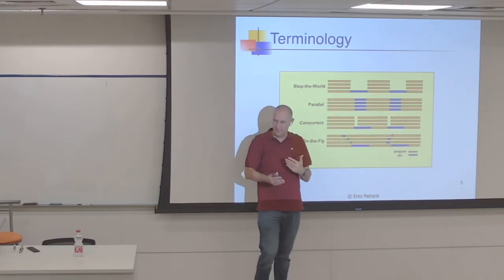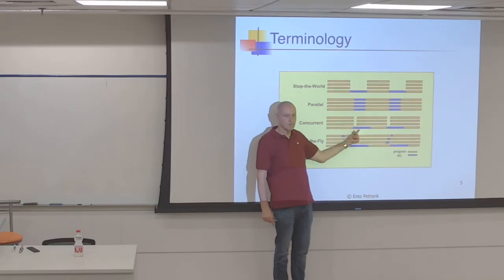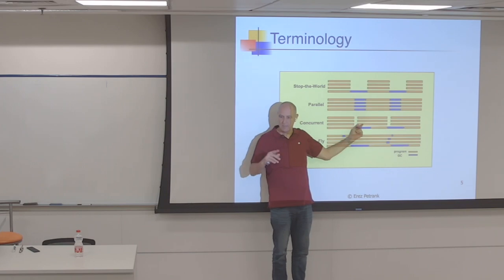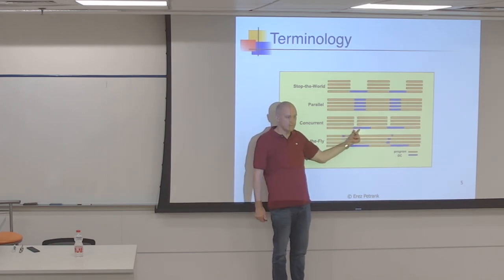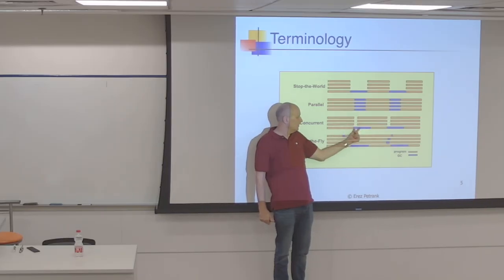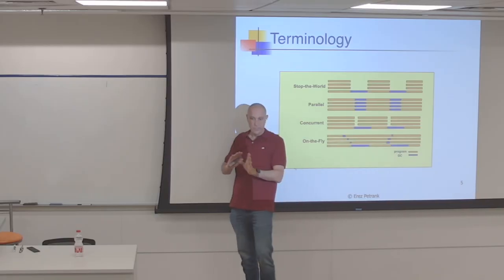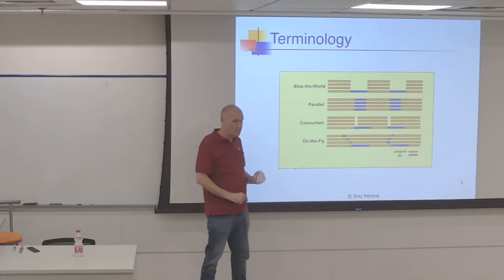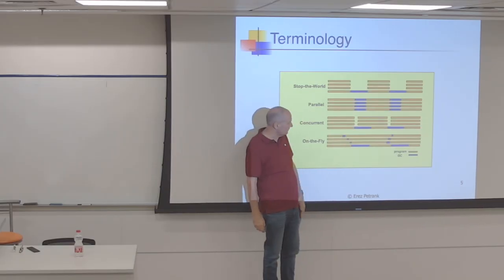You'll see this later, but there will be requirements on when threads can stop. If you want to stop all of them, you have to wait until all of them are in the right place to be stopped, and that will take some time. So this is going to be longer than the stops where you just need one thread to do it when it's convenient to it. This is called on the fly.